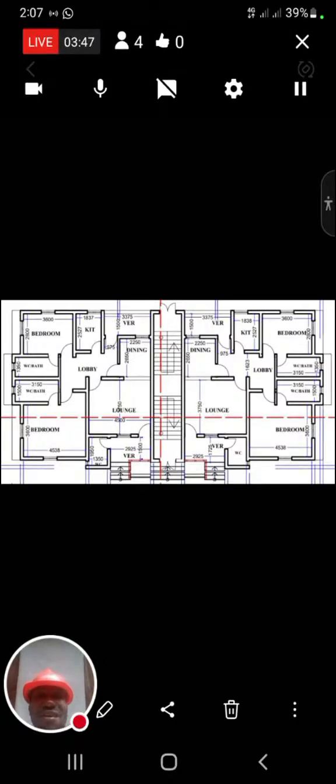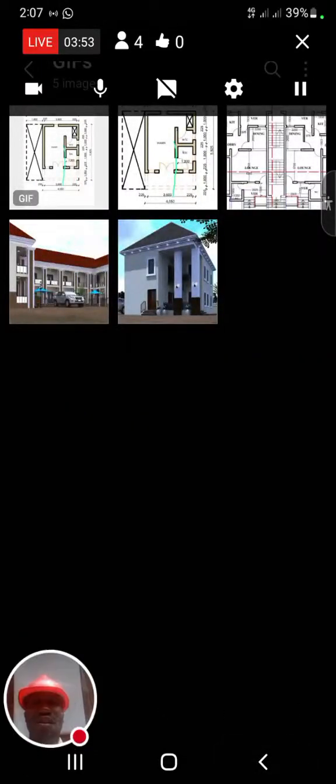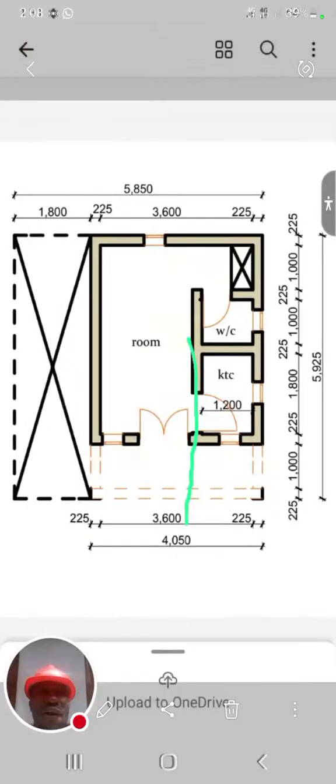So number two, let's analyze this floor plan very well right now. Number two, you have to understand your scale very well. These are the key things you have to note. You should note the type of scale you have to use.